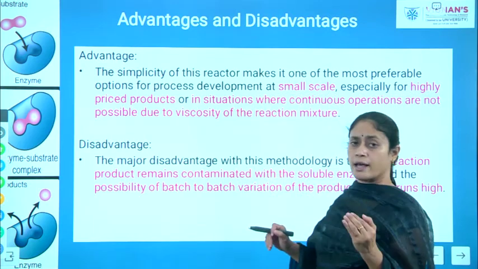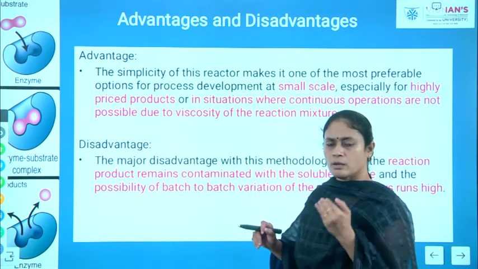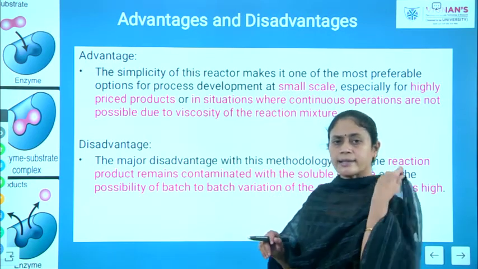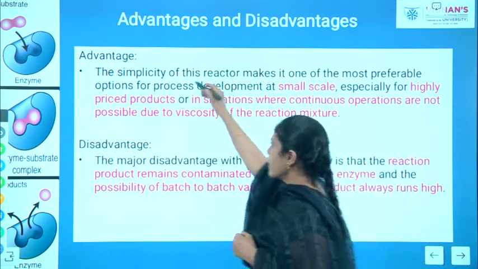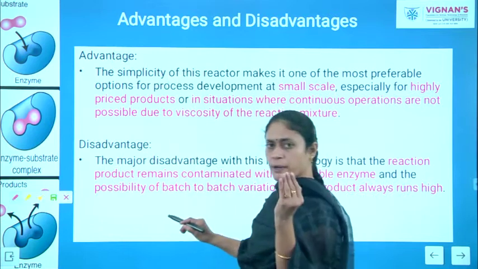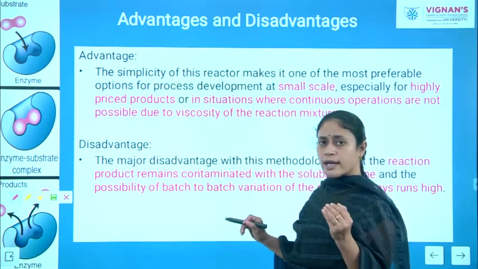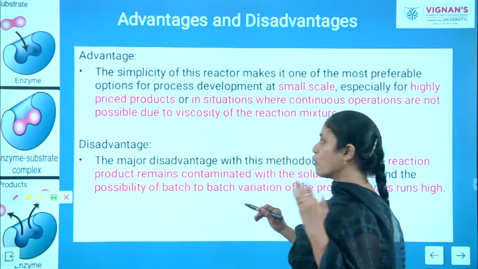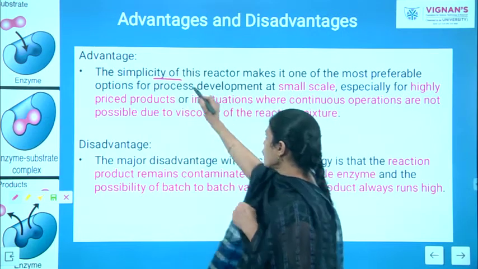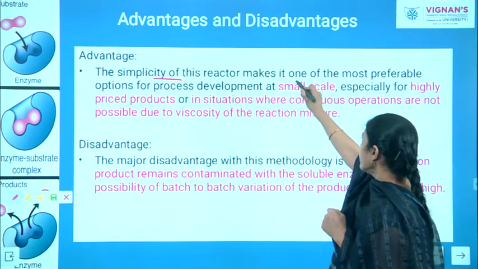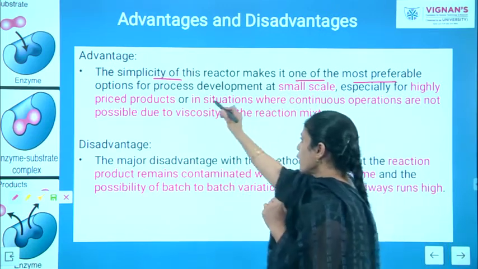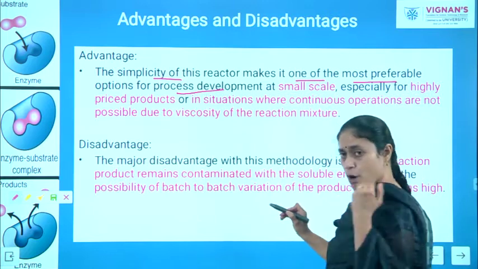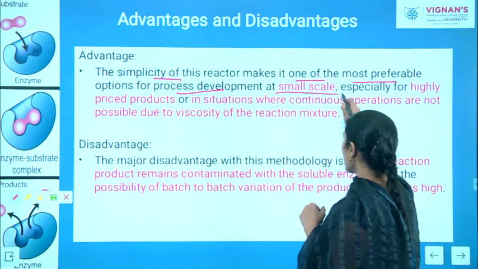Now, let us have a glance at the various advantages and disadvantages of the batch reactor. Coming to the advantages, as you pretty well know, the batch reactor is the simplest form of the reactor, and that makes it one of the most preferable options for that particular process at small scale.